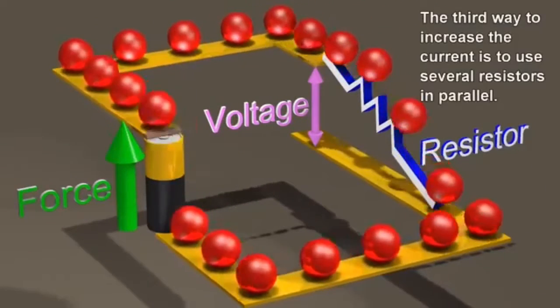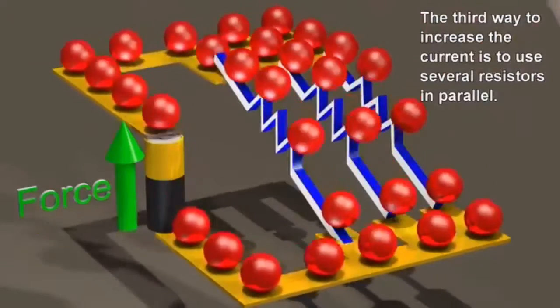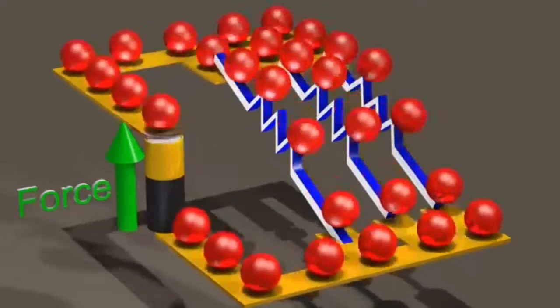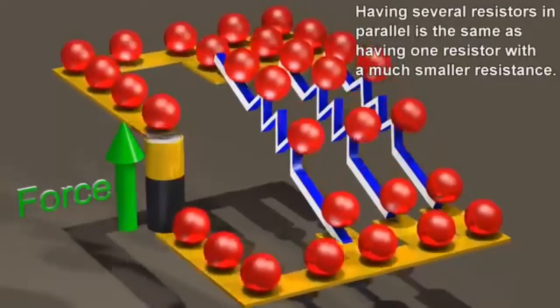The third way to increase the current is to use several resistors in parallel. Having several resistors in parallel is the same as having one resistor with a much smaller resistance.